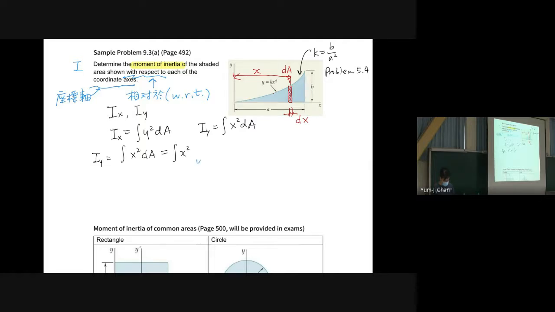Let me write it here, y dx, and of course dx is here, and what is y? y is equal to kx squared. So we have b over a squared x squared, and this is y.